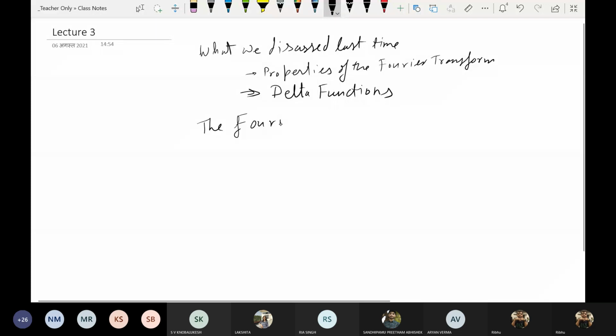Fourier transform of periodic signals. So, do you guys already know how to find the Fourier transform of periodic signals? Anyone who has an idea, you can raise your hand.